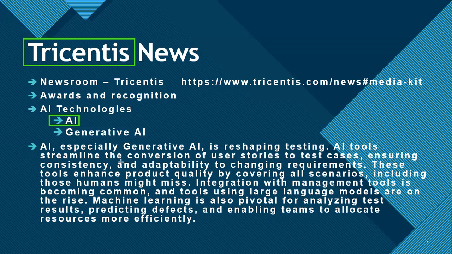These tools enhance productivity and quality by covering all scenarios. That is a large language model. The backend of this artificial intelligence and generative AI is a large language model based on databases. It generates the data, which is very easy for us.